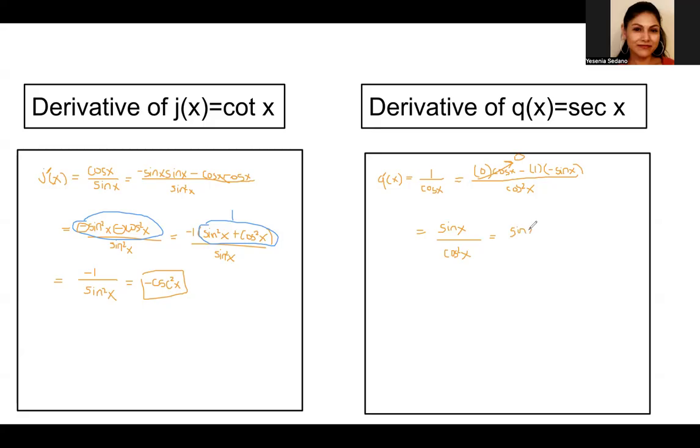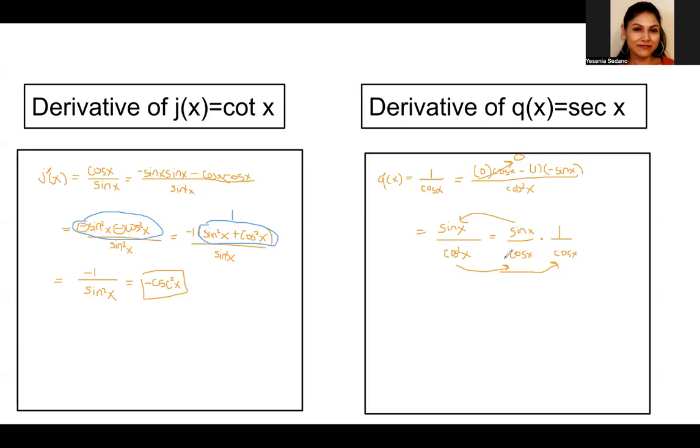So what we're going to do is rewrite this as sine x all over one of the cosine x's, just one of them. I'm just separating this fraction or splitting it. So I'm just rewriting the fraction like this, okay? I hope you guys agree that that's true, that I can do that. So sine x over cosine squared x is the same thing as saying sine over cosine x times 1 over cosine x, because if we were to multiply these across, we literally get the same thing. So first off, you've got to agree that that's true.